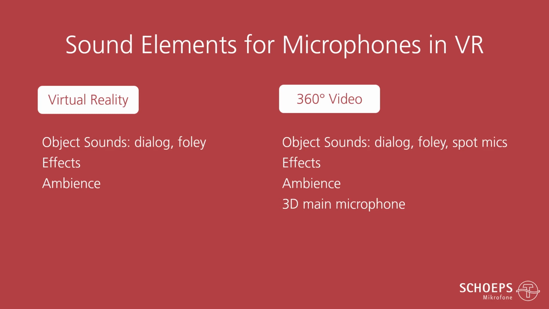But where do multi-channel microphone systems come into play here? Actually, it's for the ambience and the 3D main microphone I was just talking about. Ambience, you could also say, I can model that with a lot of audio objects, but imagine a vivid forest scene where there are rattling trees and animals maybe, or a stream surrounding you, and you would try to model all that with separate audio objects.